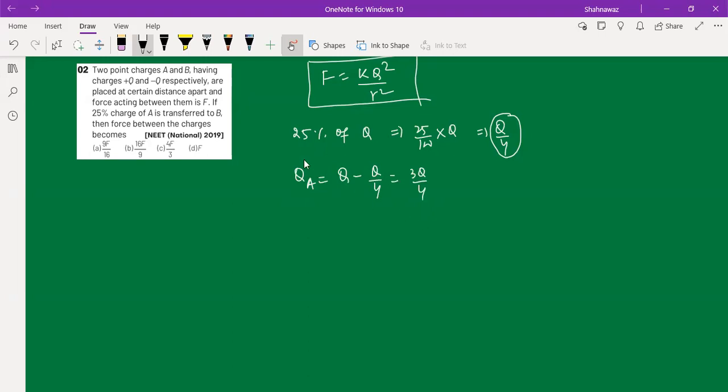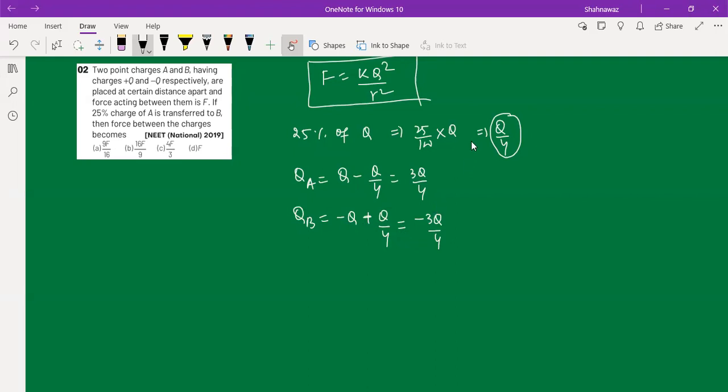Now this charge is added to minus Q. So QB would be minus Q plus Q by 4, which is minus 3Q by 4.